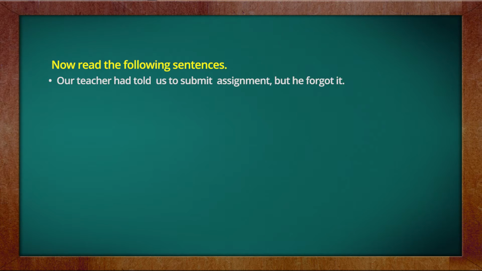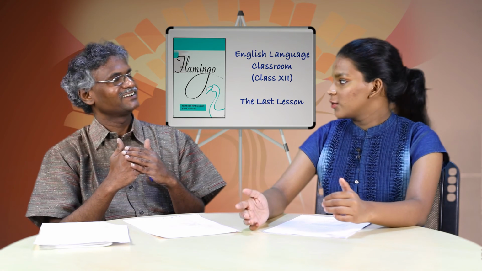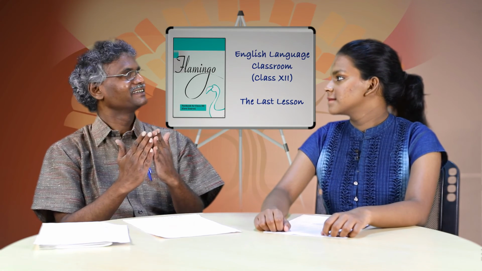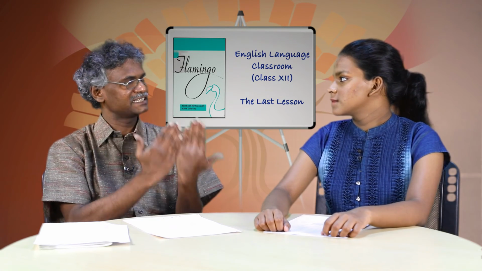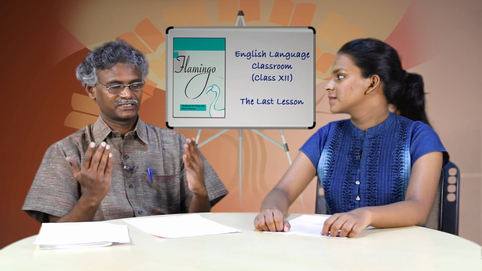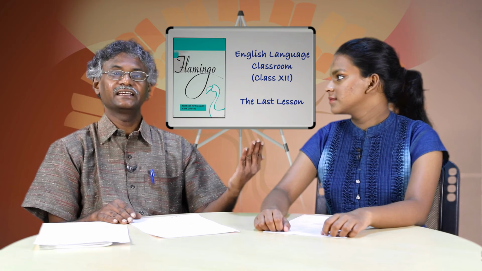So, which one did he do first? He had told us. So, if there are 2 actions in the past, we generally use past perfect for the first action, and past for the second action. So, let me read out, learners, whatever Devyani has read out.